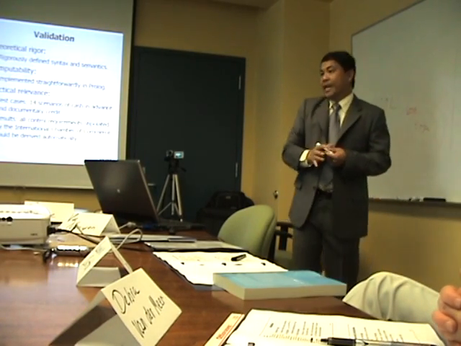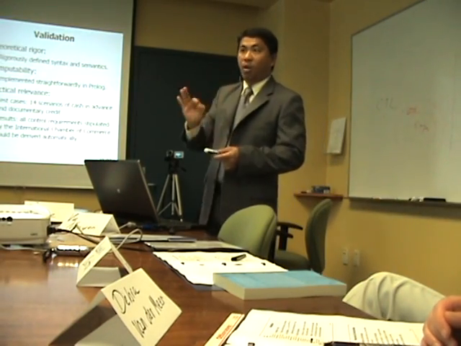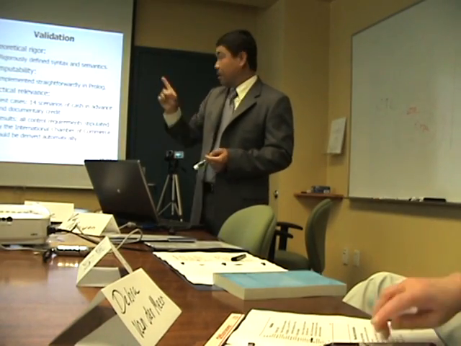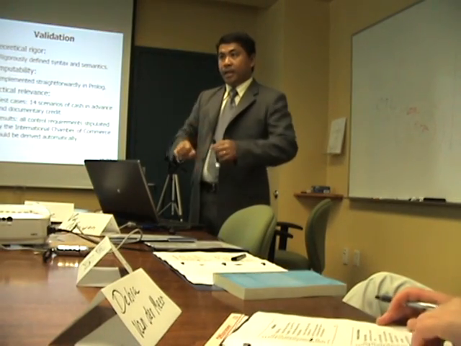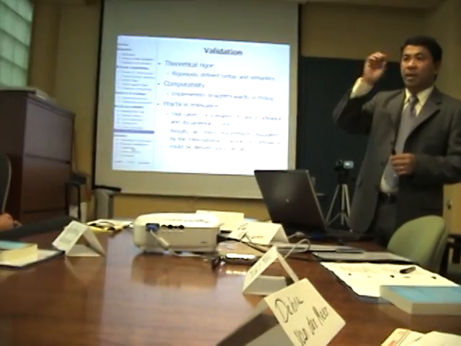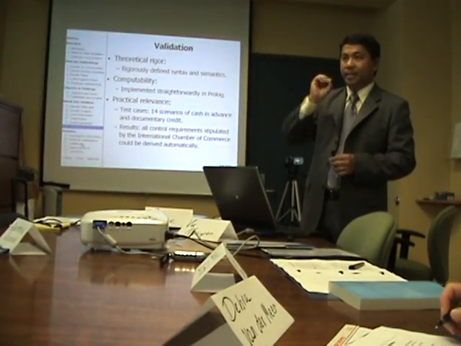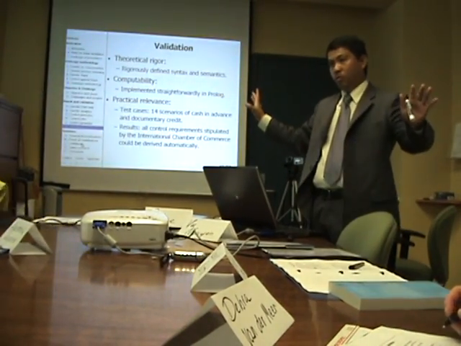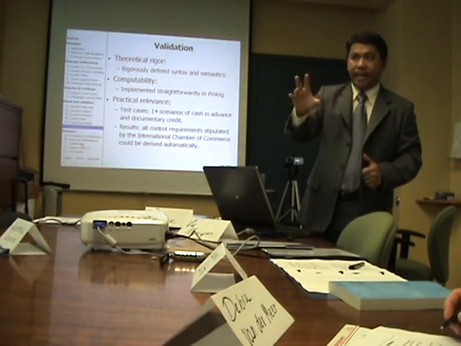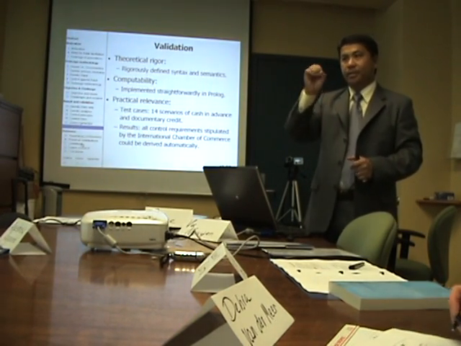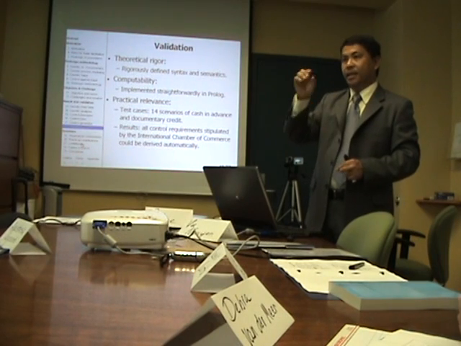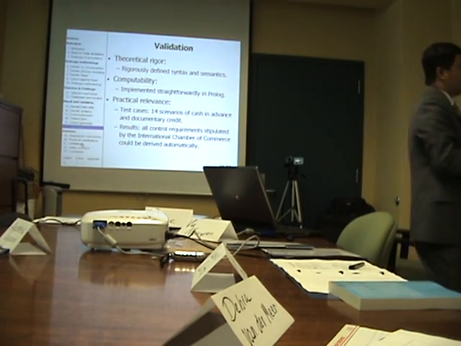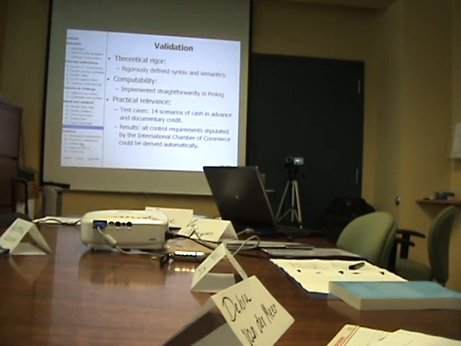Here, what I do is I look at the ICC guides, that means the law for international documentary credit, and I come up with the movement of obligation of the seller, the buyer, and so forth, sorting out the control. What is the underlying obligation of the buyer, the seller, the bank, and so forth? And I come up with the Deontic process model.